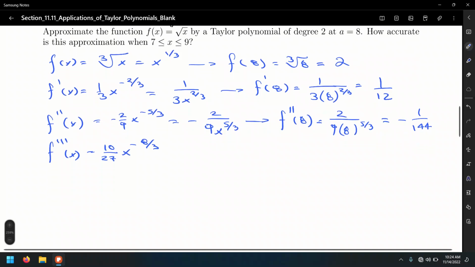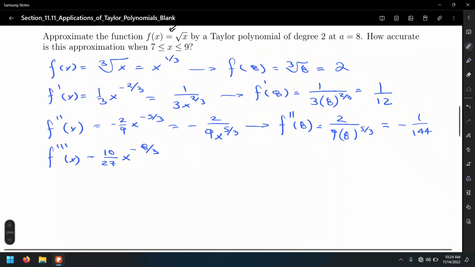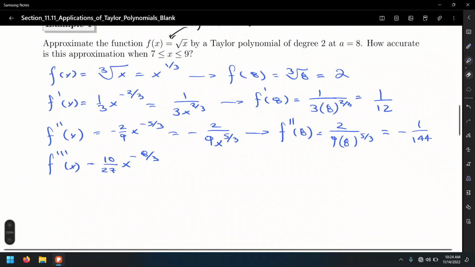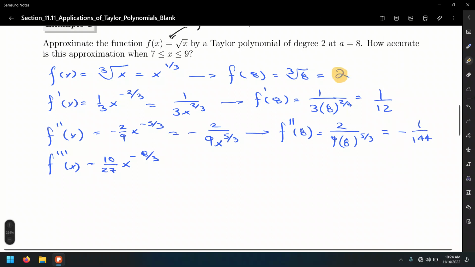No, we're not going to evaluate this derivative. So we have all the information we need to get the second degree Taylor polynomial. These are going to be the coefficients of the Taylor polynomial, the ones that I'm highlighting.